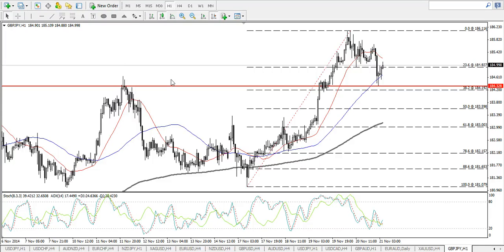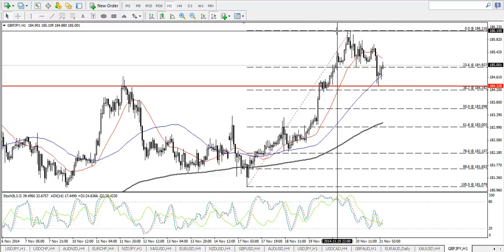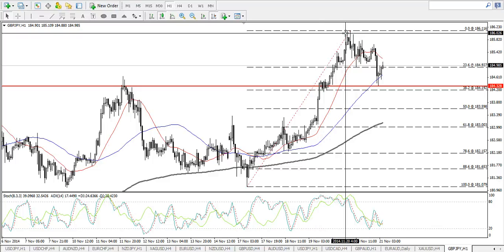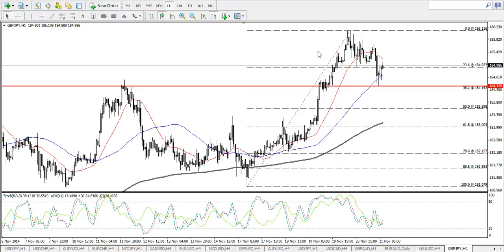Right now it has reached a new high at 186.11, and came all the way back to the previous high, which we now call a resistance and support level, the price of 184.32, and at the same time also supported by the 55 moving average.